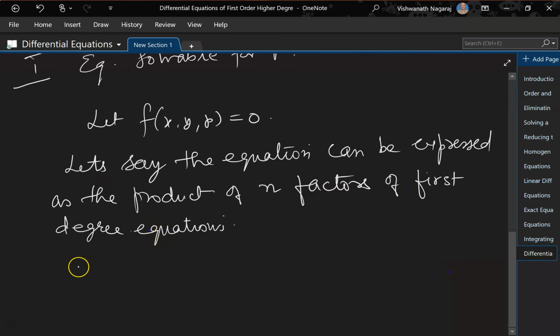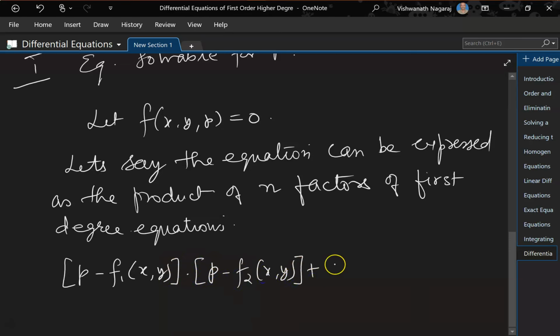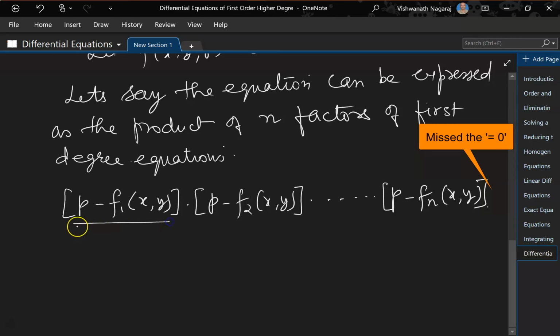So let's say those factors are p minus f1 of x comma y, times p minus f2 of x comma y, times and so on till p minus fn of x comma y. So these are basically equations comprising of x, y and first degree dy by dx.